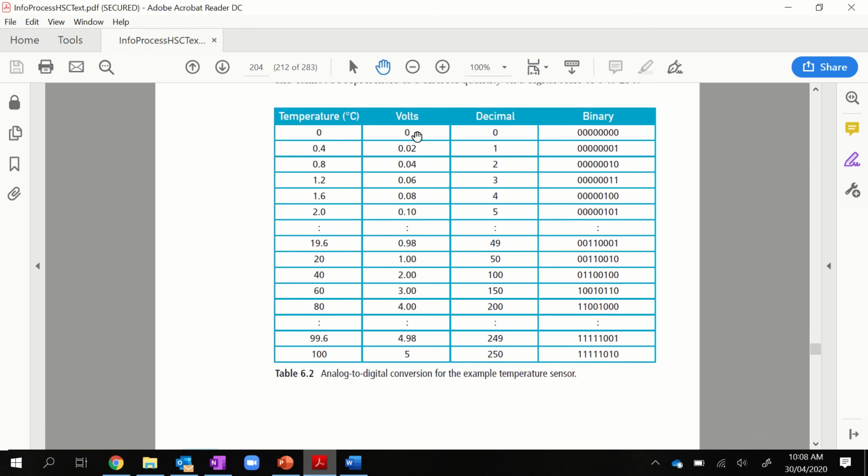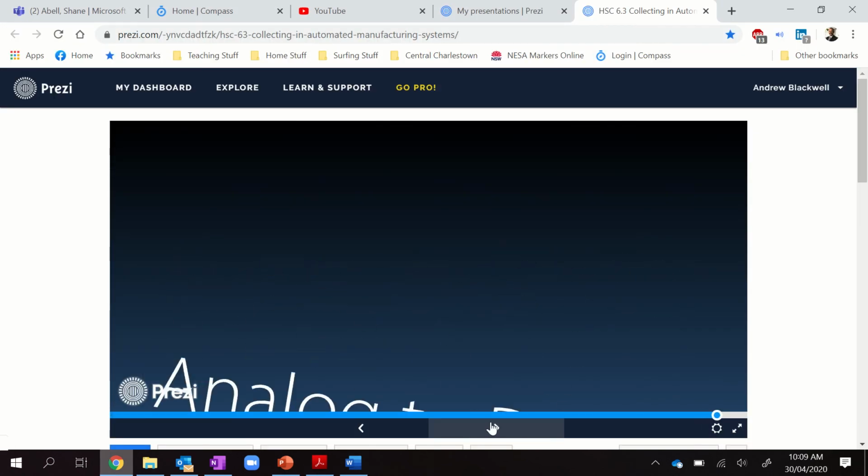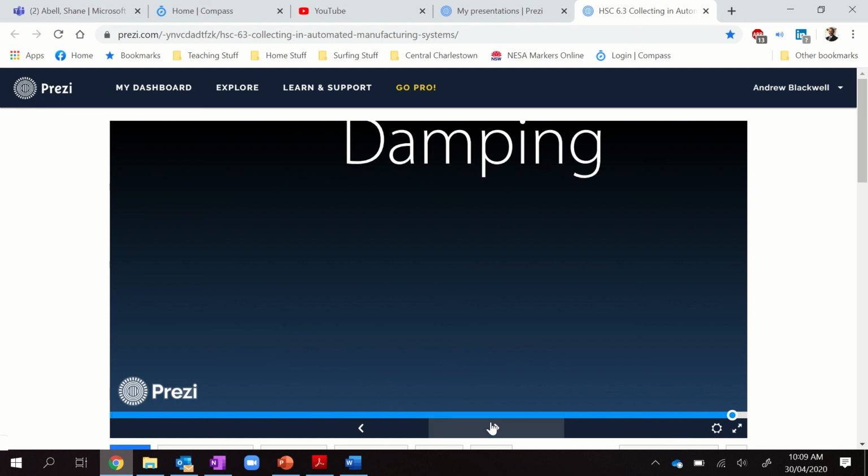So we're looking at temperature and producing volts. Of course, we can get temperature to convert to volts. We can even get light or UV to convert to volts as well. And that's why we have solar panels on our roof, for example, which I have mentioned before in the past. And then we have another, and Table 6.2, we've done that.